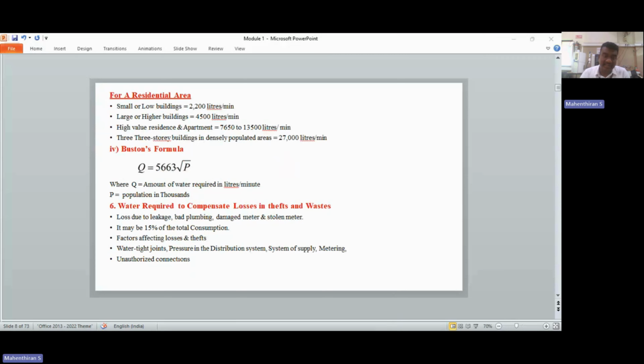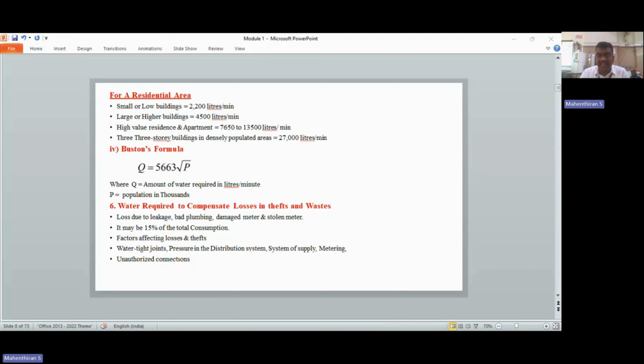the demand. In high value residential and apartments, demand rises further between 7,650 to 13,500 liters per minute. This is because of higher lifestyle standards, increased water usage, as well as greater per capita consumption.